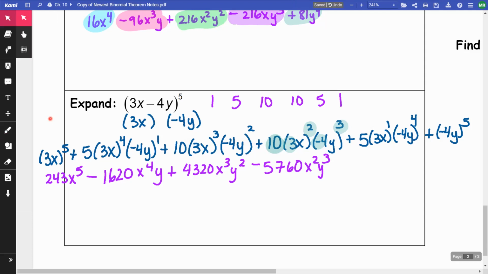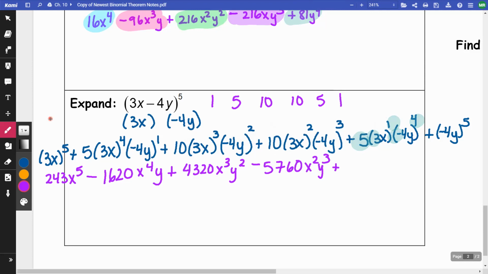In my next one here, I have 5 times 3 to the 1st, and my -4 to the 4th. So that is going to be 5 times 3 times -4 to the 4th.